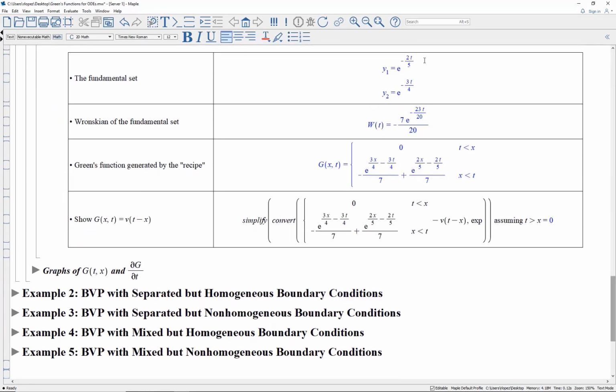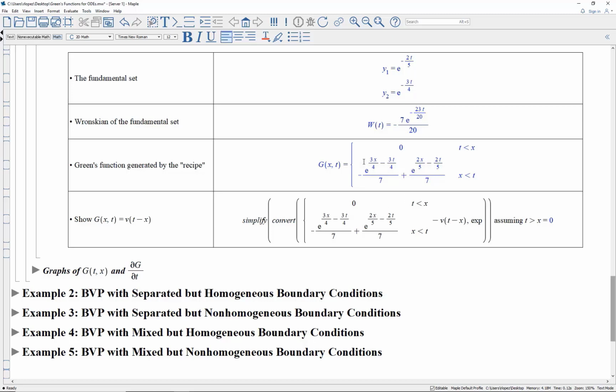So this is a fundamental set, two exponentials. This is the Wronskian of these two functions. This is what the recipe for the Green's function says to write down. Okay, if you do the y2, y1, y1, y2. So we have this representation of the Green's function, but we also had this representation, v of t minus x.